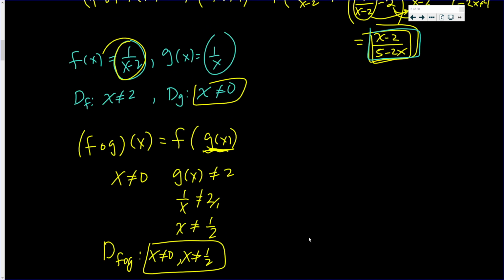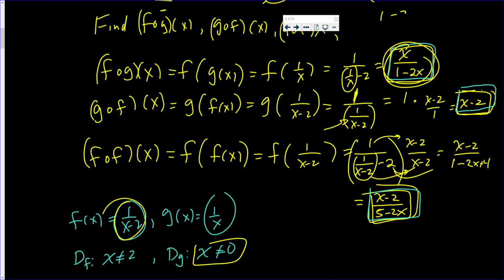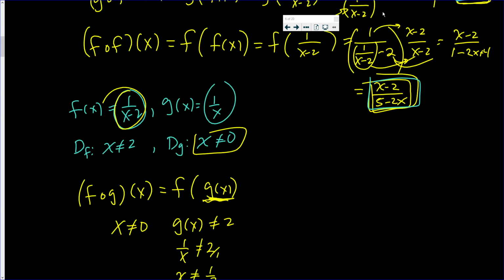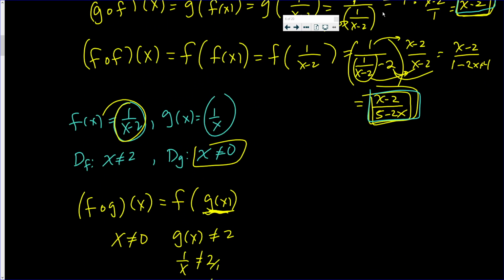Well, let's look at what we got for the f circle g function. We got this answer right there. Well, I know that the denominator can't be 0. Well, that's going to happen when 2x is 1. That's going to happen when x is a half. So x can't be a half. But wait a minute. We also know that x can't be 0.